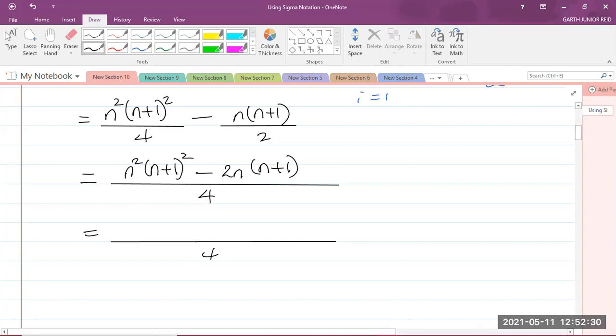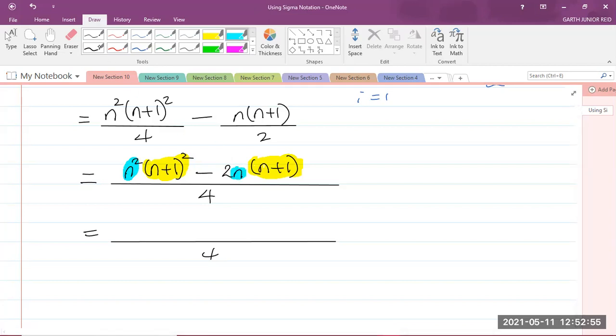What I'm going to do now is to factorize n plus 1. You recognize that n plus 1 is a common factor here, and n plus 1 is here. So we can factor out the n plus 1s. And clearly we can also factor out an n as well.